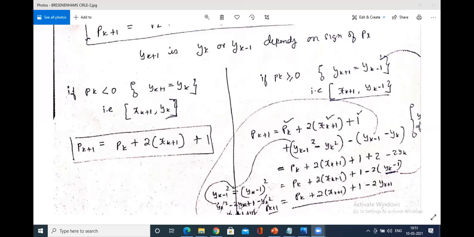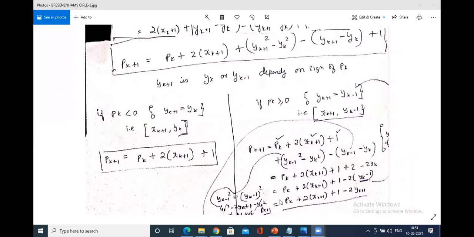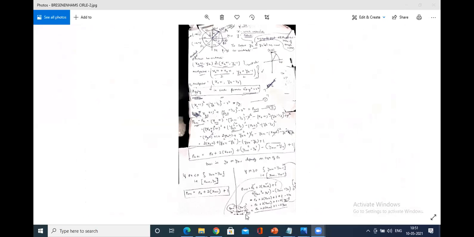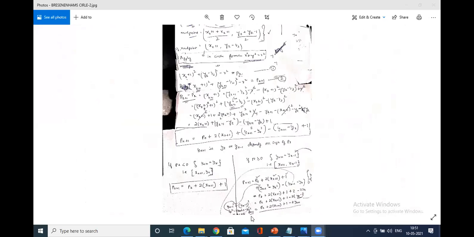Remember this subscript: yk minus 1 square is treated as yk minus 1 the whole square, it is not a square minus b square. We will evaluate it that way. I'll supply this sheet, maybe scanning it clearly once again for your convenience.